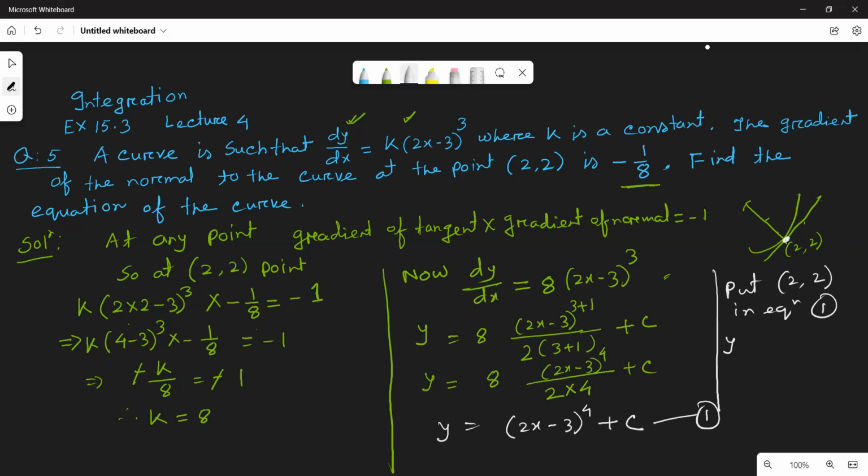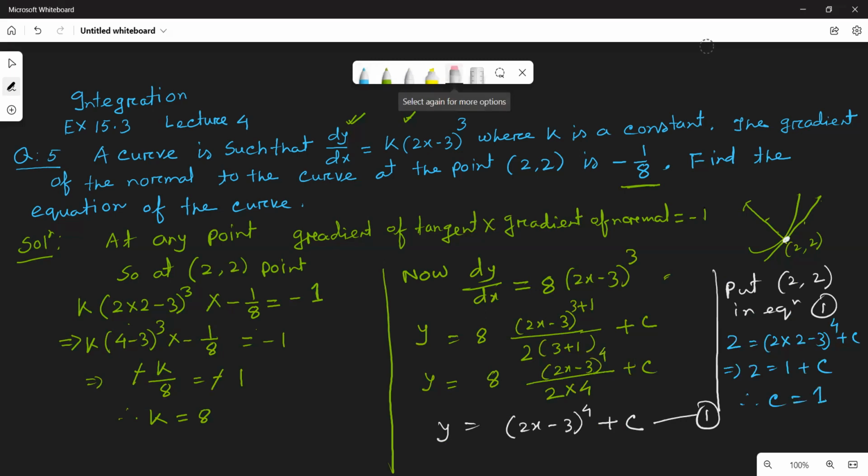So what will you get? Y value is 2 here. Y value 2 equals (2 into 2 minus 3) to the power 4 plus c. So finally we get 2 equals (4 minus 3), 1 to the power 4 is 1, plus c. So the c value we get here is 1.